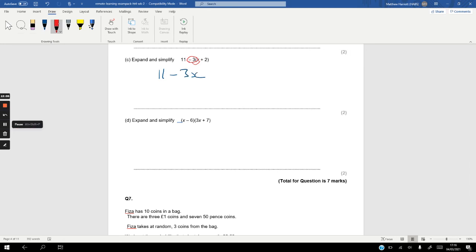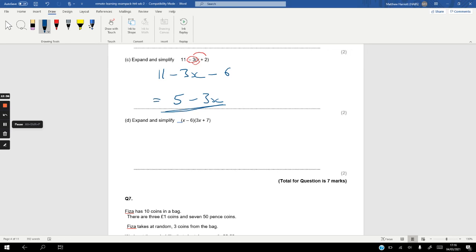I'm then going to do -3 times by +2, which will give me -6. Then I want to make sure that I'm simplifying this. I've only got one bit that says x. I'm going to leave that there, -3x, but I've got 11, take away 6, so 5. So that's the same as 5 minus 3x.